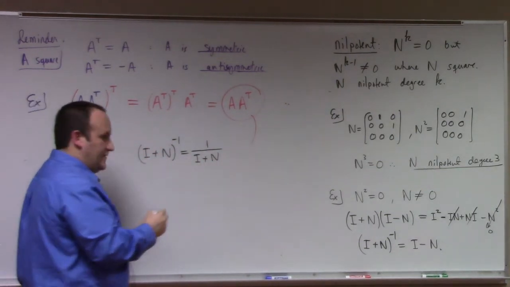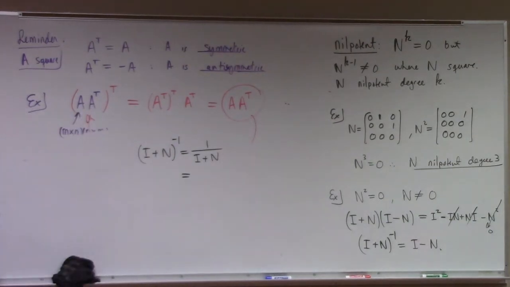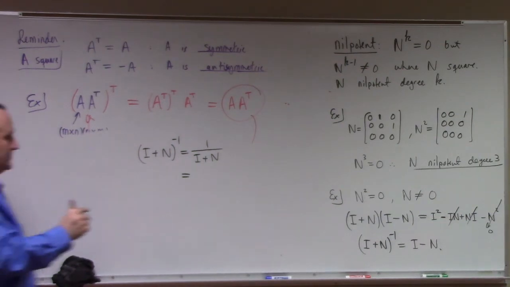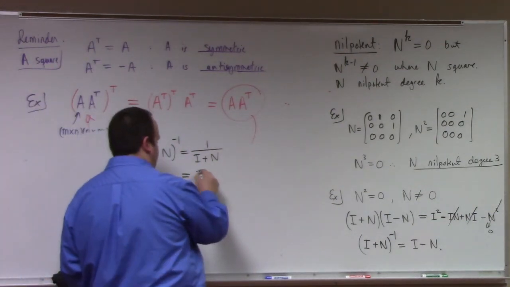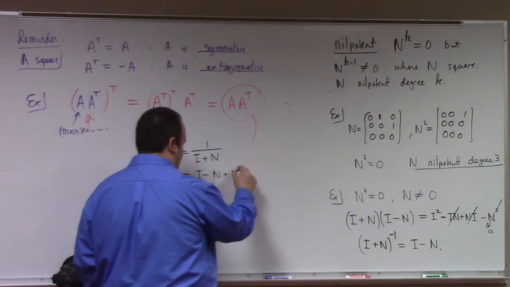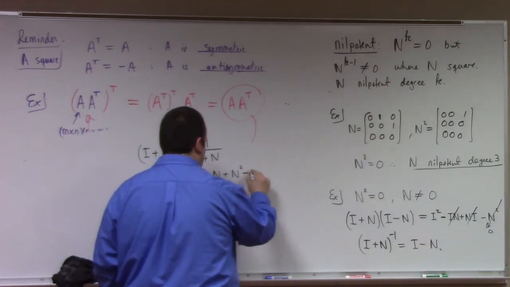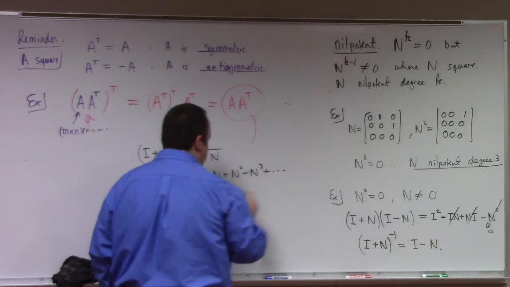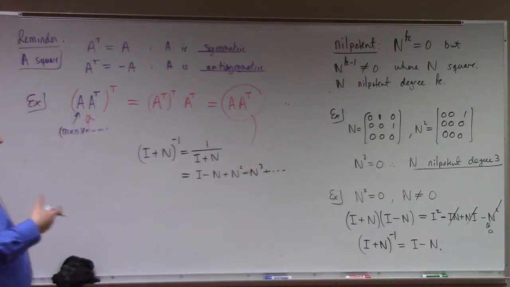And so if you believe in the geometric series, it suggests this is I minus n plus n squared minus n cubed plus dot dot dot. Just formally, thinking of it in terms of geometric series and like calculus 2, if you believe in patterns, then that should be the inverse of that.